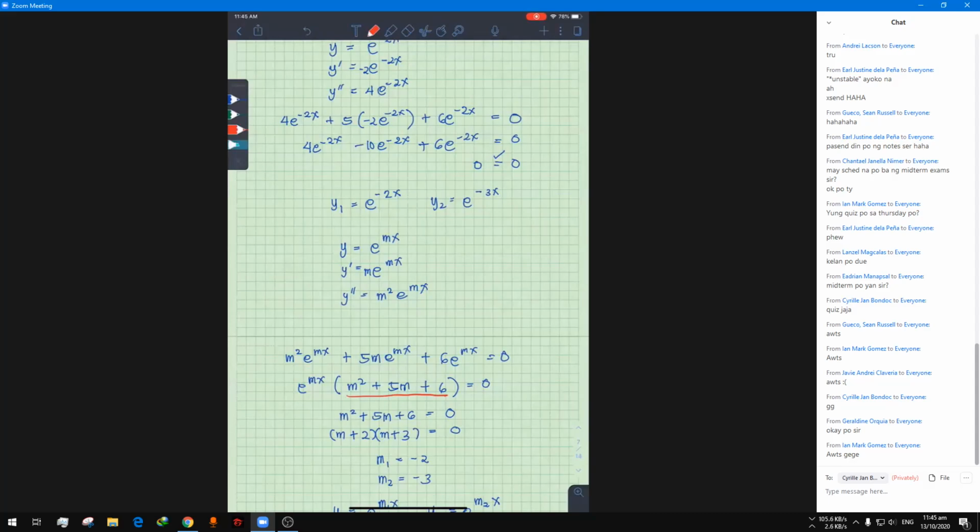Kung hindi in-specify, 2 decimal places ang gagamitin. Pero kapag naka-specify, let's say use 4 decimal places, you have to write it 4 decimal places. Para tama yung sagot natin. Kasi right away after the end of the exam, you see your score. Lalabas na yung score nyo right away.